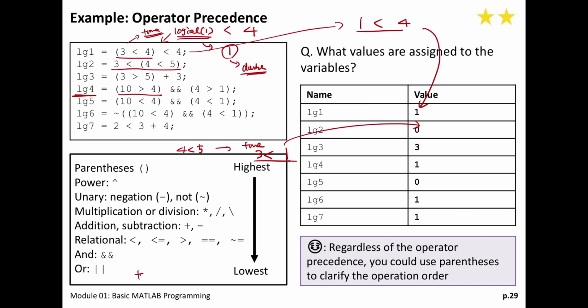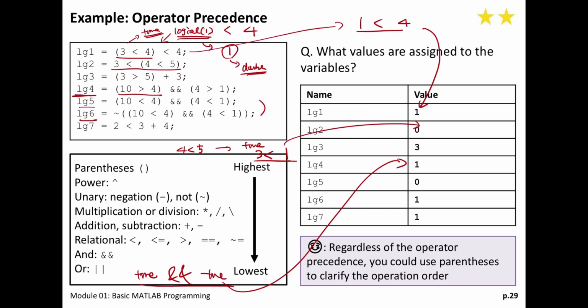That's true. And 4 is larger than 1. True. That's why 1. Okay? That's obvious, right? You can perform the logical 5 and logical 6 variables, LG5, LG6, in a similar way.